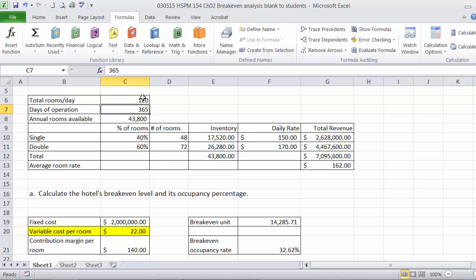Let's make it double queen size room. Yeah, let's make it 30/70. Now, will that change the break-even occupancy rate? Yes or no?